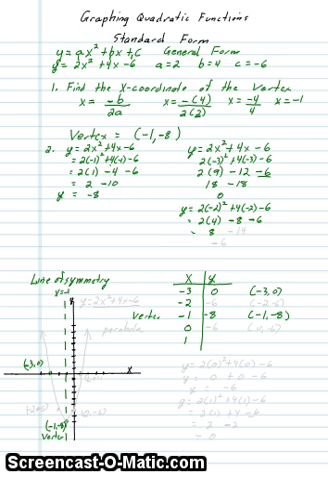So that's 8 minus 8 minus 6, which is -6. So I have point -2, -6.